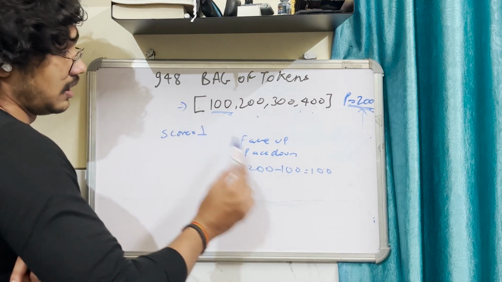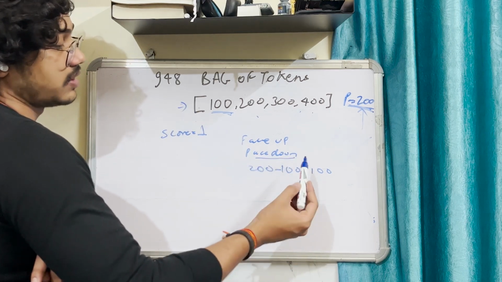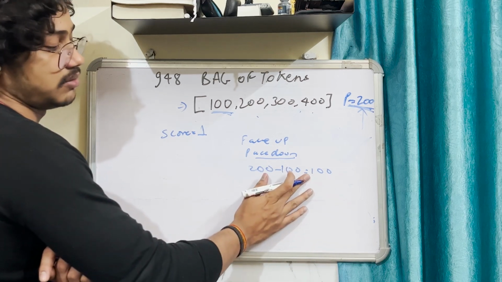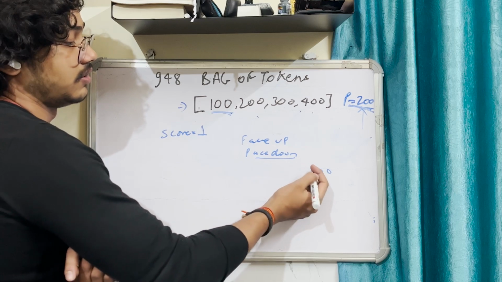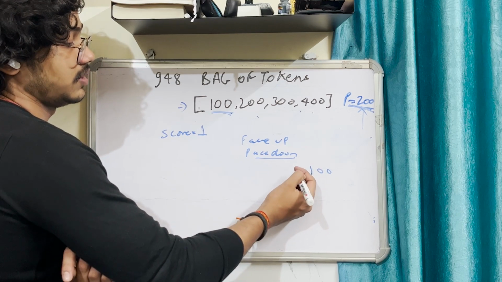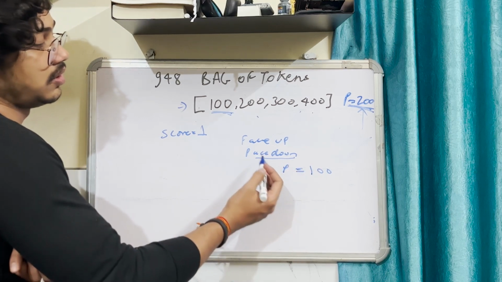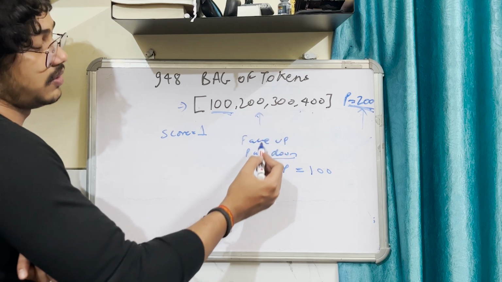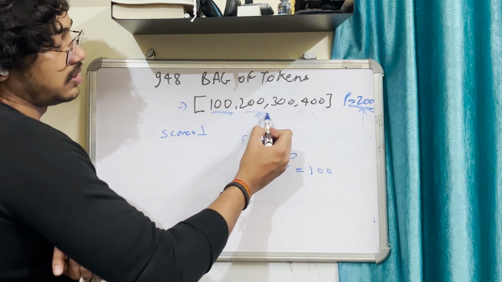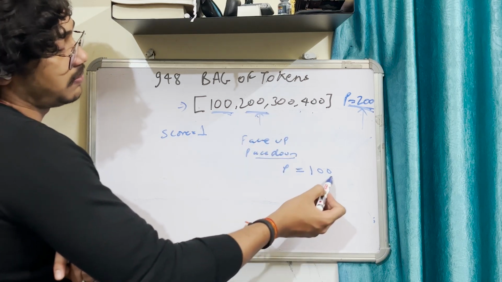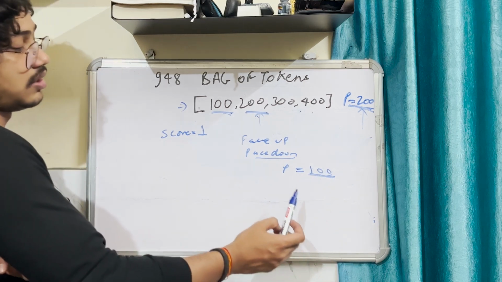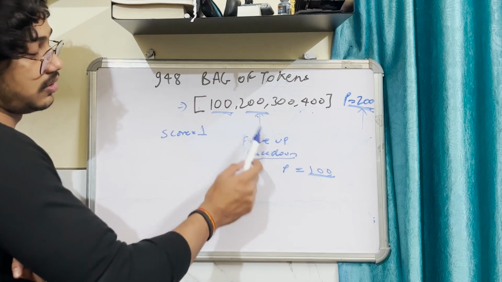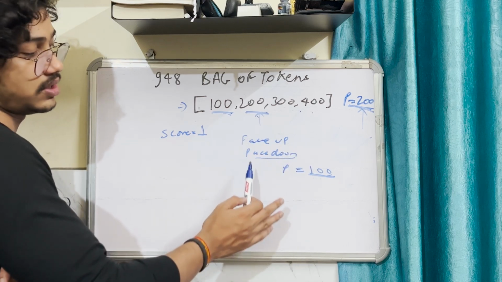And what is face down? For example, after doing this transaction, our power changed to 100. Now if you come here, you see the token size is 200 and the power you have is only 100. You can't do face up, so the option is face down.